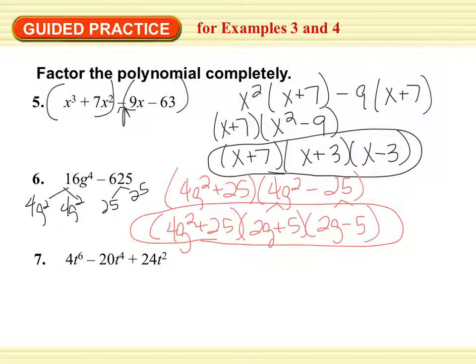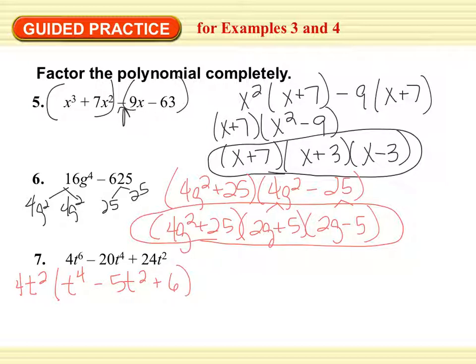All right, this last one. Let's take out my greatest common monomial, which looks to be a 4t squared. I'm left with t squared minus 5t. Oh, I see my mistake. t to the fourth power, minus 5t squared plus 6.